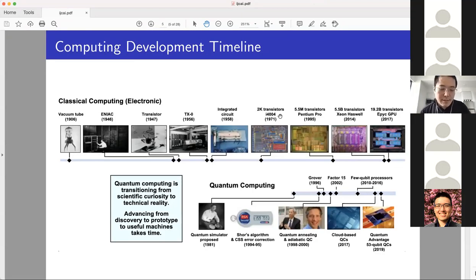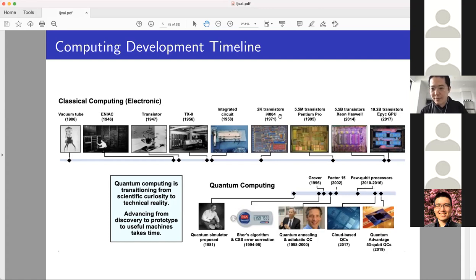Another important issue is the quantum computing timeline. Classical computing spans more than 100 years before it matured.